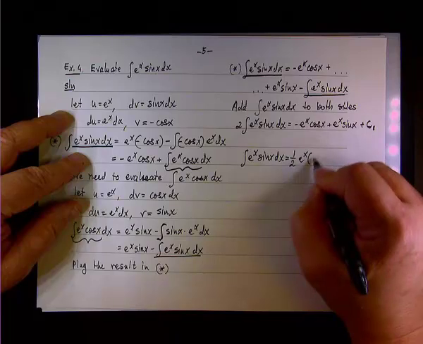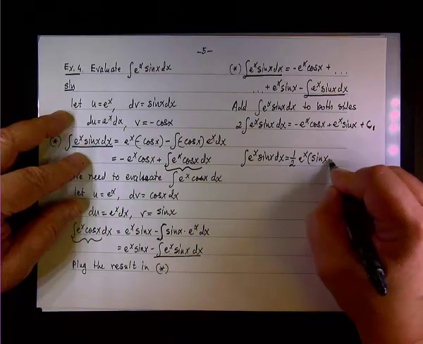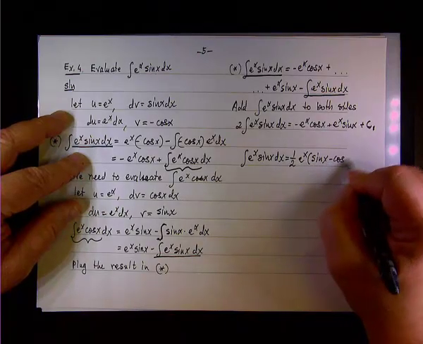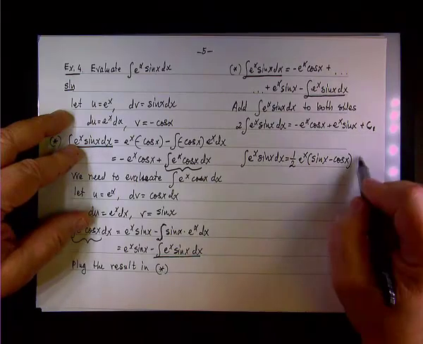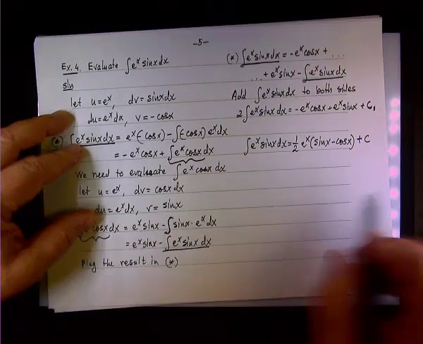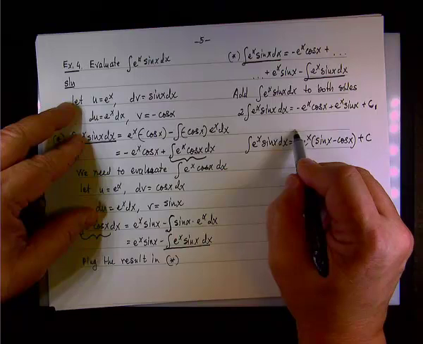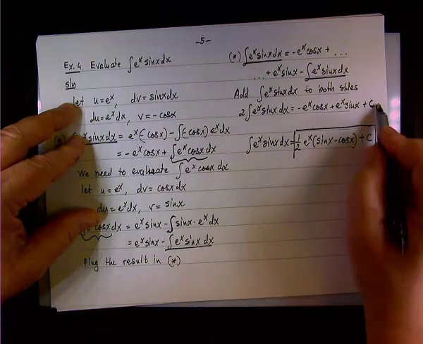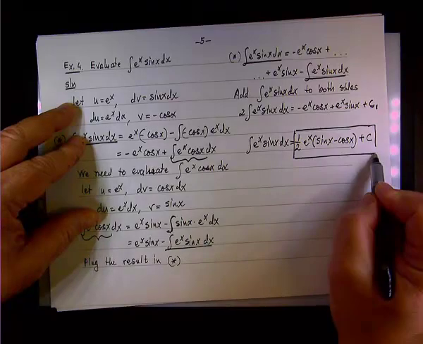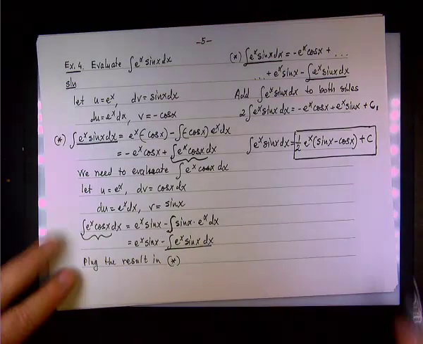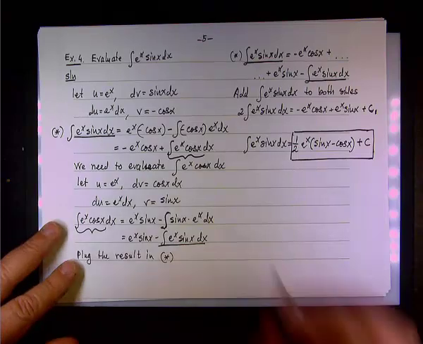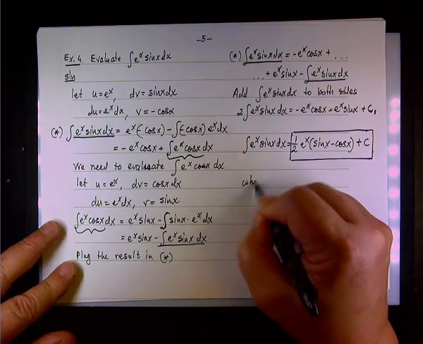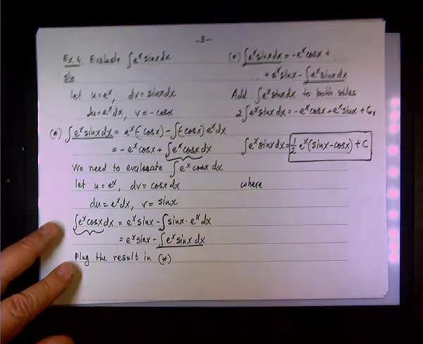So I have 1/2, and the common factor is e to the x, so I have 1/2 e to the x times sine x minus cosine x, plus c, and this is the answer, where c is half of c1.